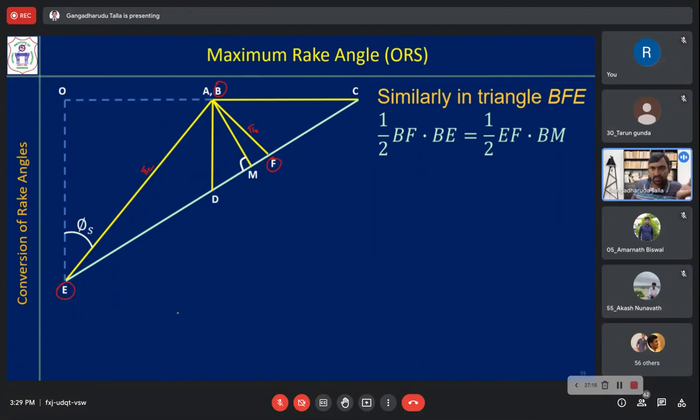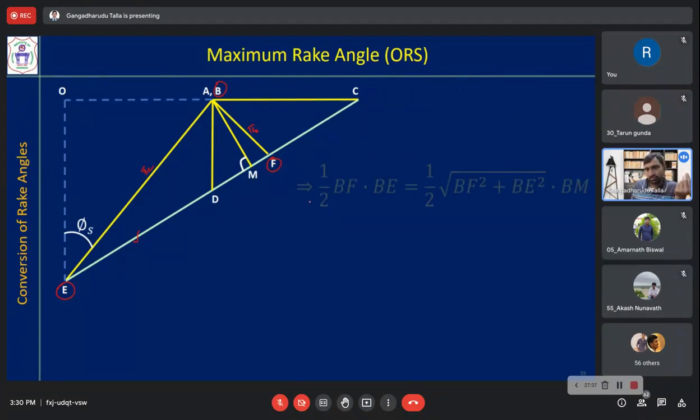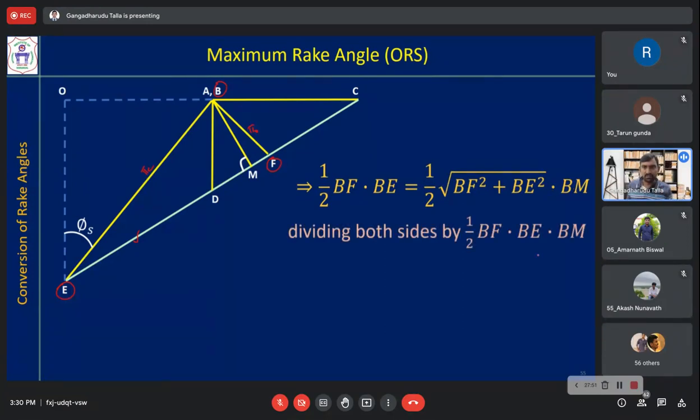Now the same concept will apply again. If you consider the area BEF, it is half BF into BE, which equals half EF into BM. We have considered EF as the side and BM as the height. EF is equal to the square root of BF square plus BE square. Divide both sides by BF, BE and BM.